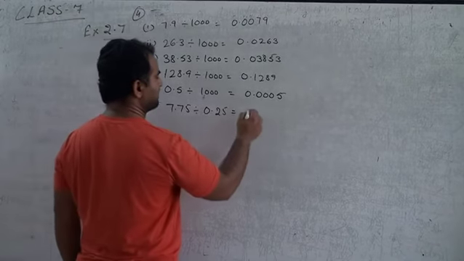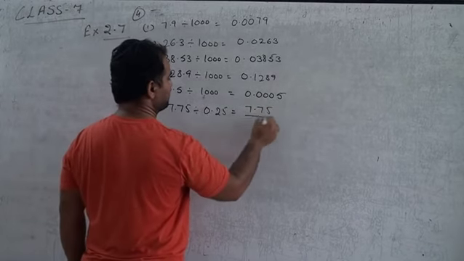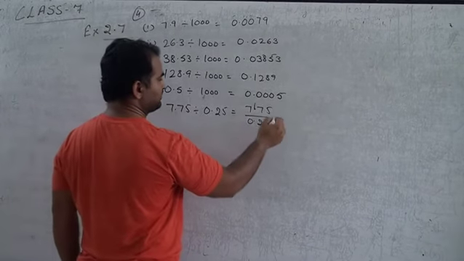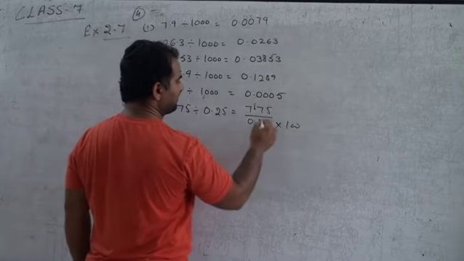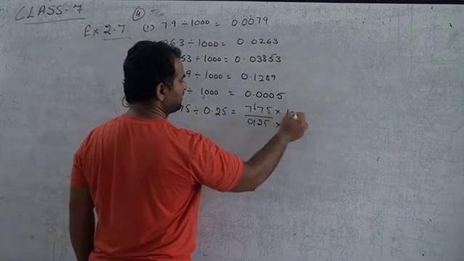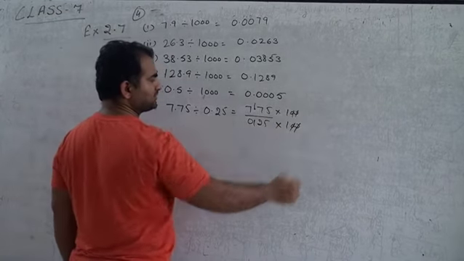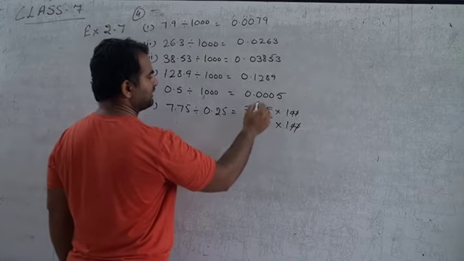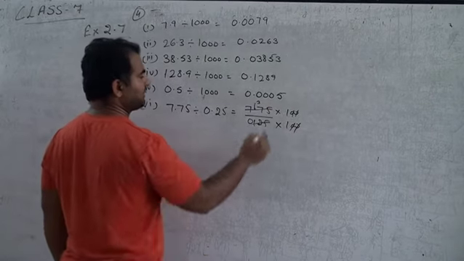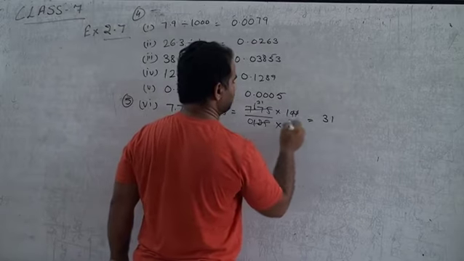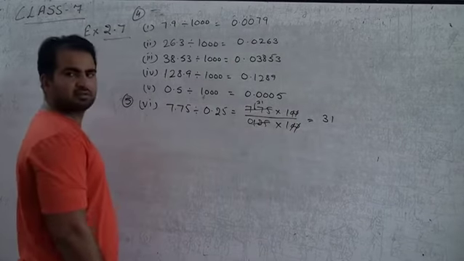So we can write it like this: 7.75 upon 0.25. When we remove this point, it will be 100, and when we remove this point, it will be 100. So we cross these 2 zeros, and 25 3s are 75, and 25 1s are 25. The answer will be 31. Okay.